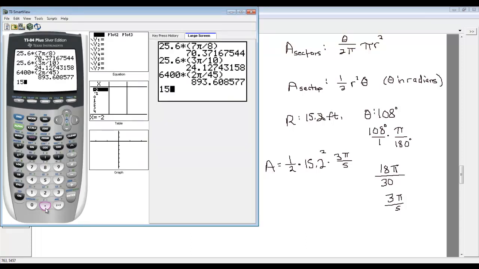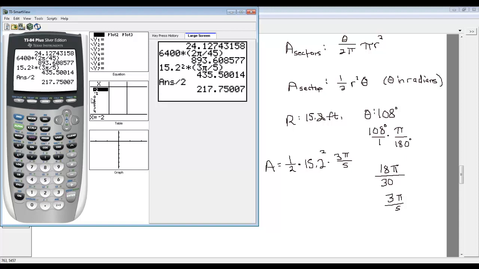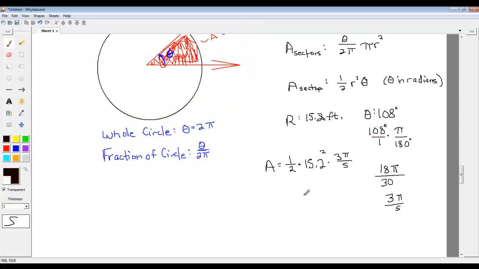So 15.2 squared times 3 pi over 5, and half of that, so divide by 2. You technically had 3 significant digits there, so you'd round to like 218. So around 218 square feet.